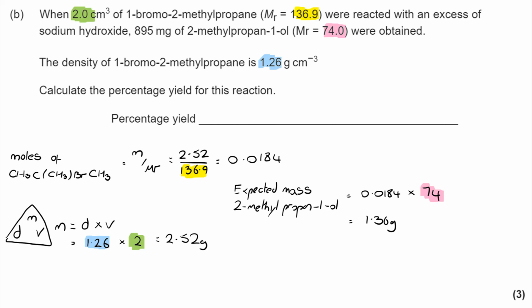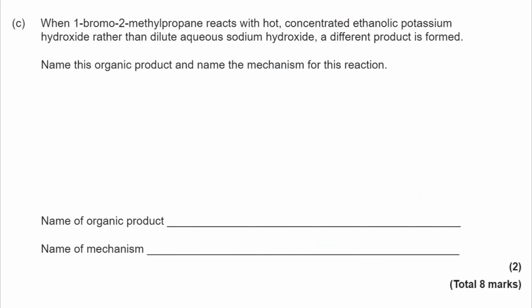I didn't get 1.36 grams, I got 895 milligrams, which I've converted to 0.895. Now, if I take the 0.895, which I got, and divide by the 1.36, which I should get, multiply that by 100, I get my percentage yield of 65.7%.